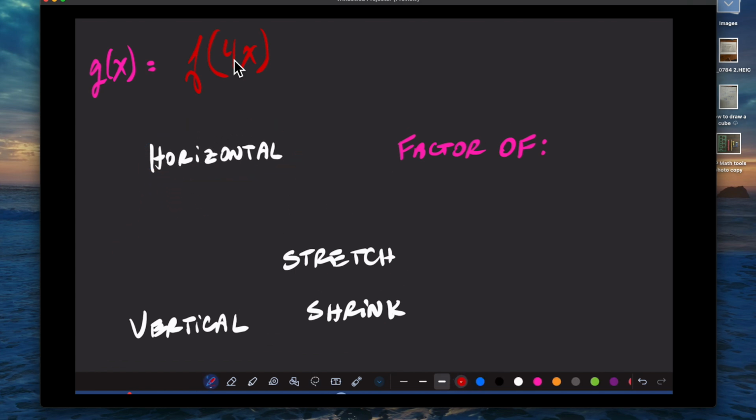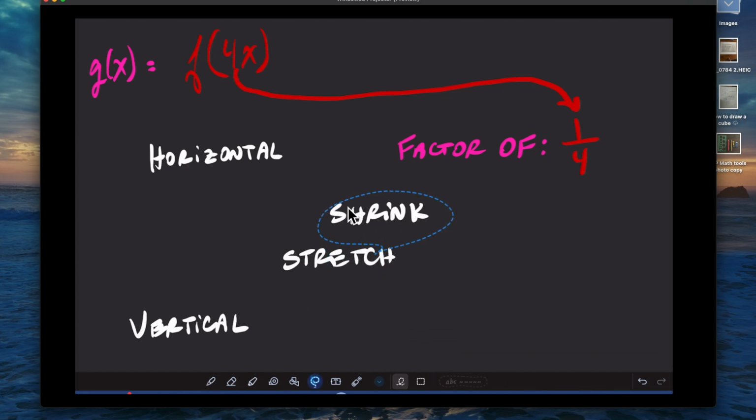Next, we're going to take inside guy, and when he becomes factor of guy, it's the reciprocal, 1/4. Because that's less than 1, this has to be a shrink. F of 4x is a horizontal shrink factor of 1/4.